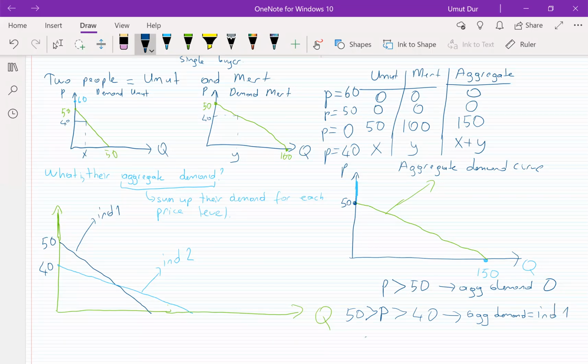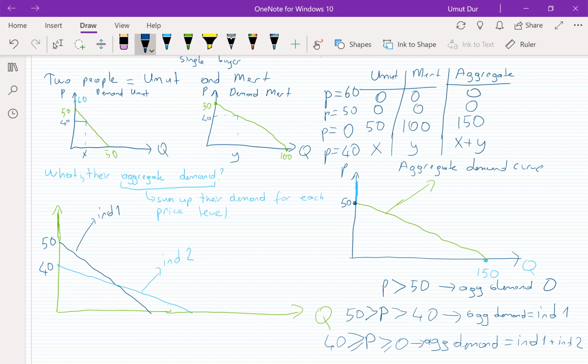When the price is less than or equal to 40, and of course greater than 0, the aggregate demand is the demand for individual 1 and individual 2. I'm just adding them up for that price level.